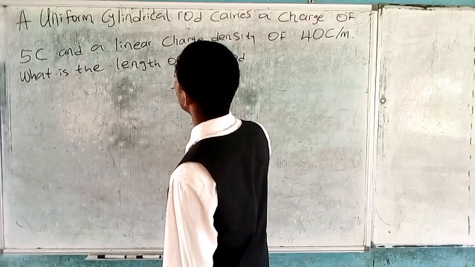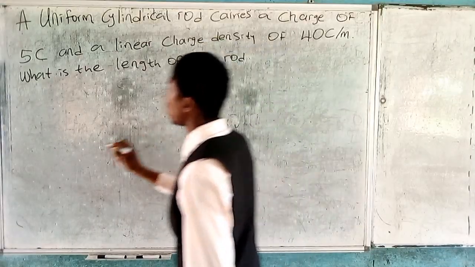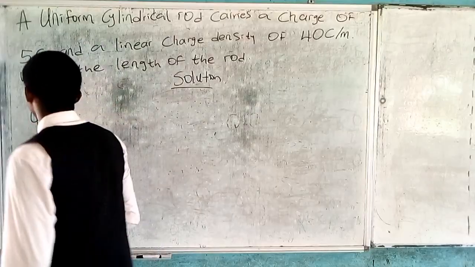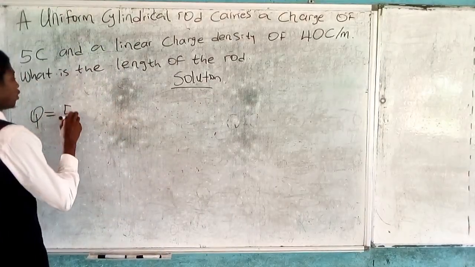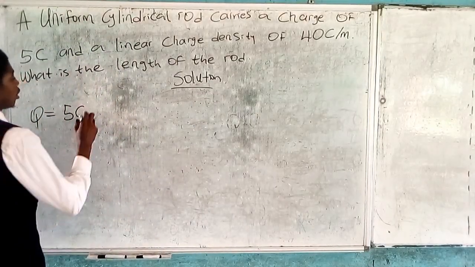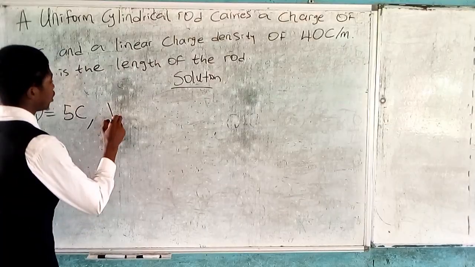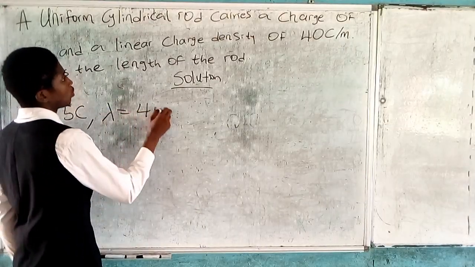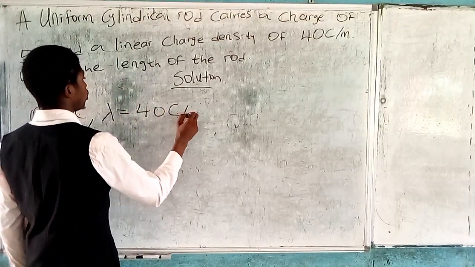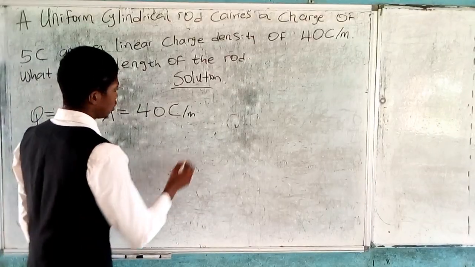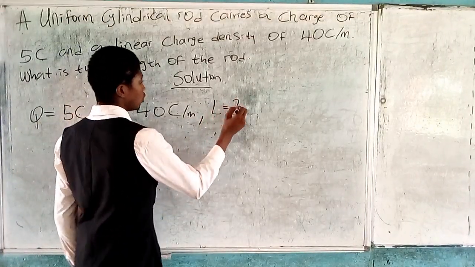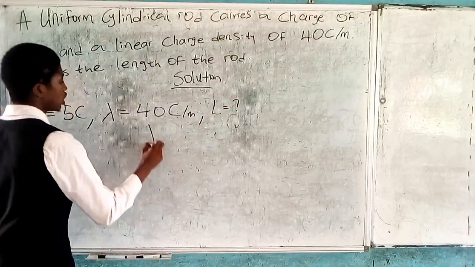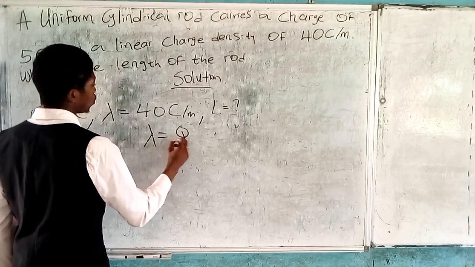Now it carries a charge. So our charge is 5 coulomb, right? And linear charge density, which is lambda, is 40 coulomb per meter. What is the length of the rod? Simple enough, because linear charge density is charge over length.